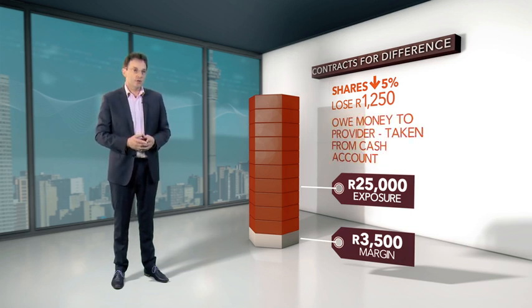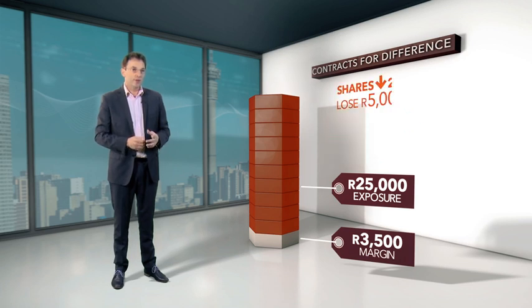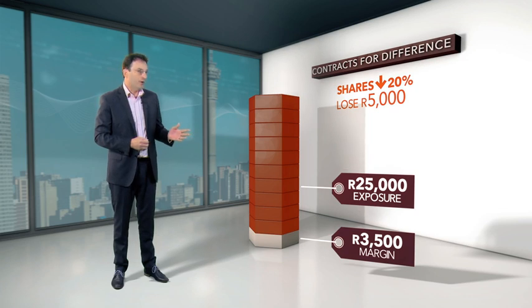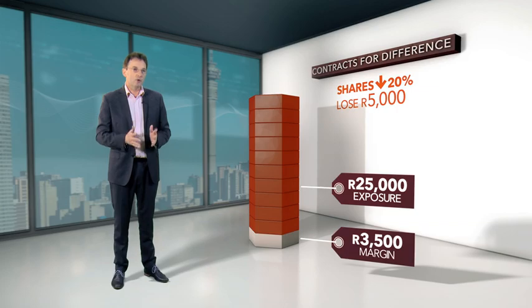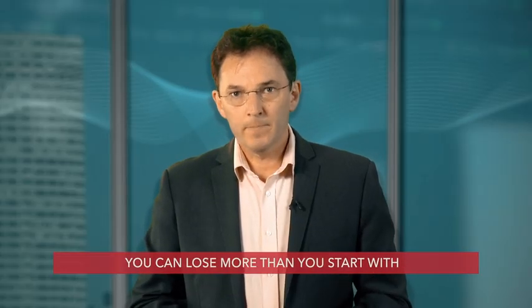You owe this money to your CFD provider and it will be taken from your cash account. If the exposure dropped by 20% in value, you would have to pay 5,000 Rand. This is more than your margin. You can lose more than you start with. You can also make a profit on a fall in the share price. This is called going short.